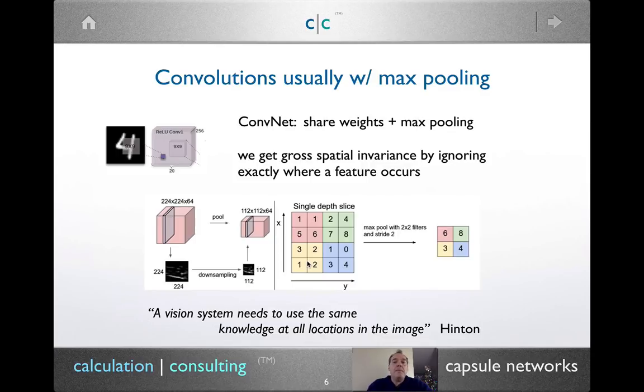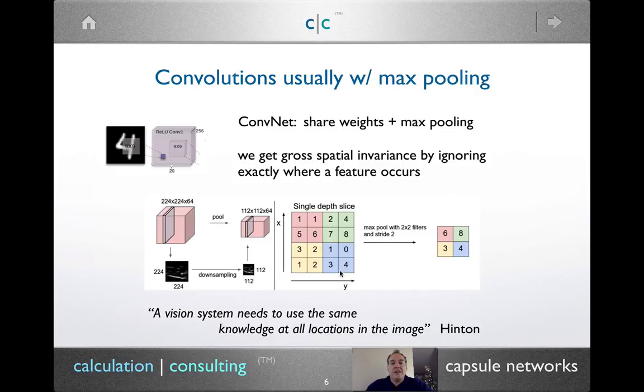And they also implement max pooling. Let's just review what max pooling is. If I have this single depth slice and it's a bunch of pixels, and these numbers represent the pixel intensities, if I run max pooling on this red box, I select the value of the pixel with the greatest intensity and I return it. So I get a 6.